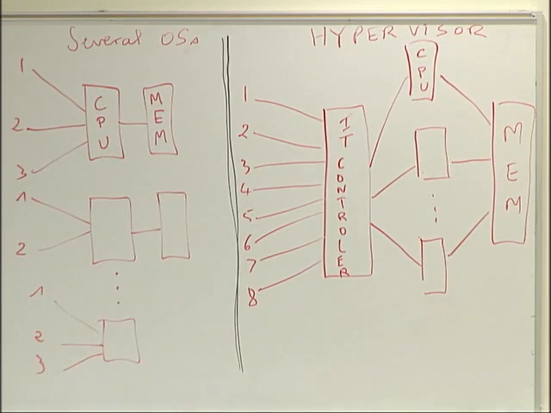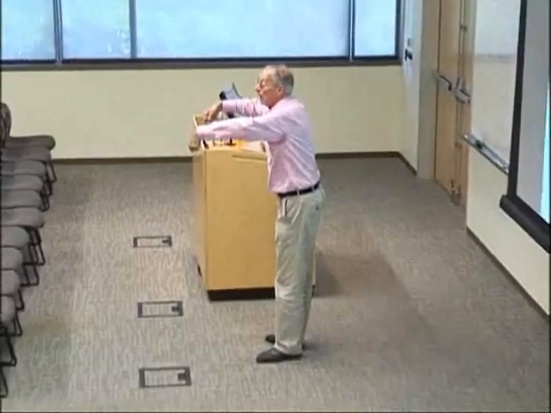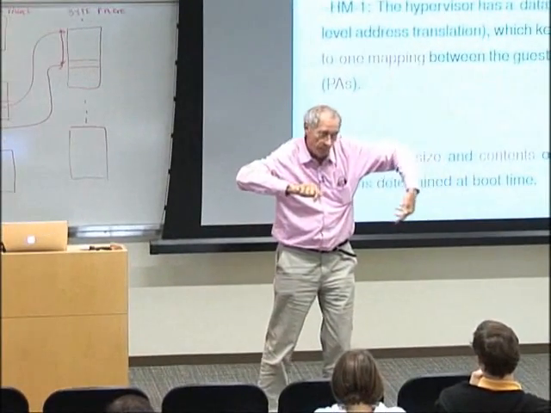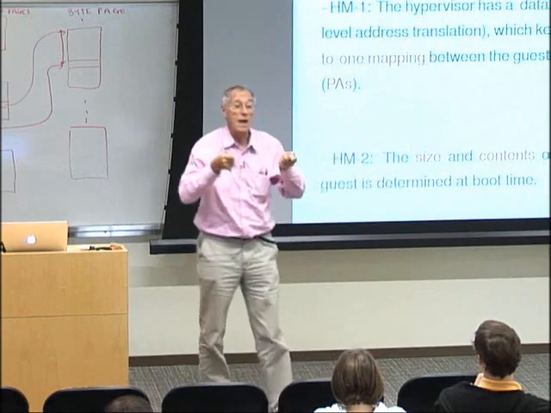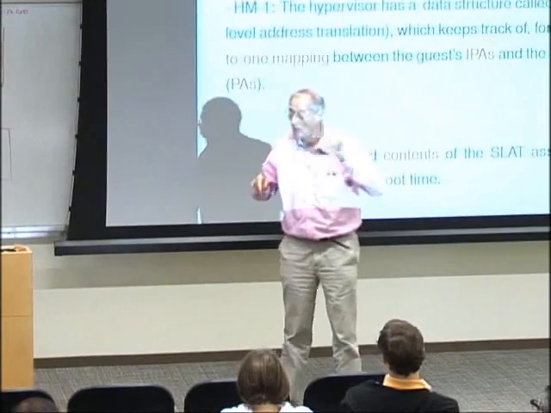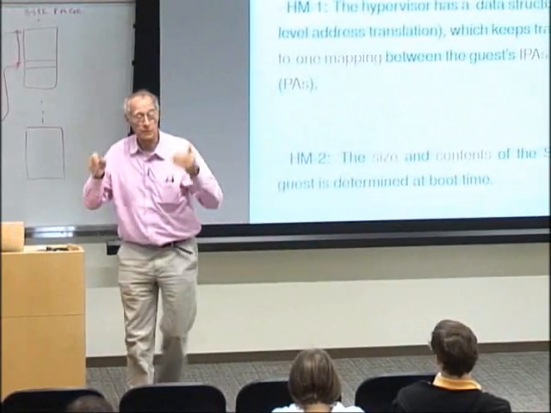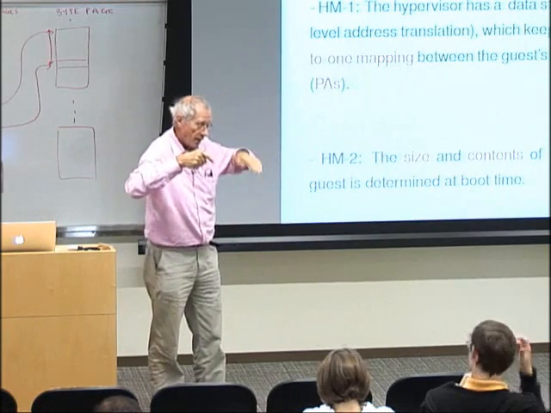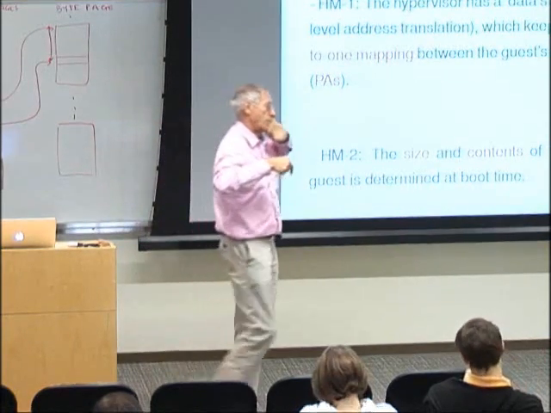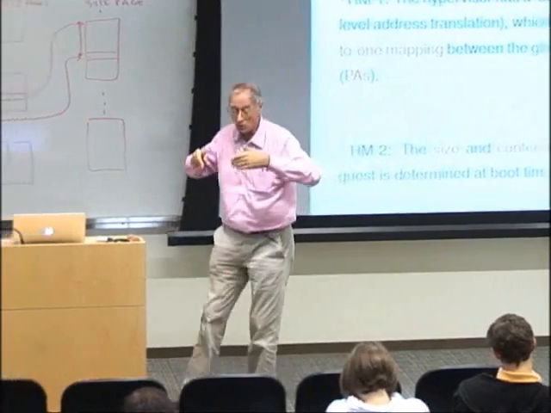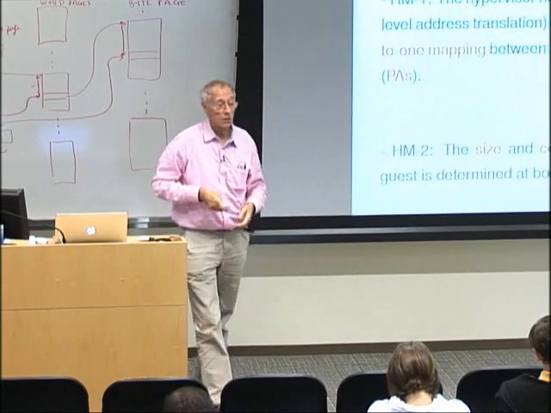When a virtual guest wants, for example, to write in its memory, it does not know, but the hypervisor traps this writing operation, and behind the curtain, through the SLAT, which is a one-to-one correspondence established at boot time, it translates this IPA, the intermediate physical address, into a real physical address.